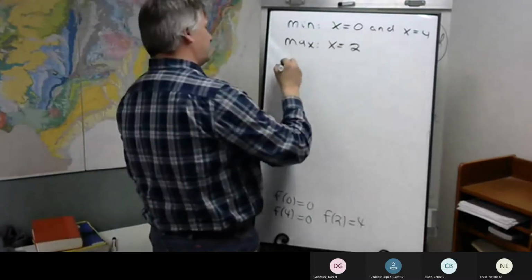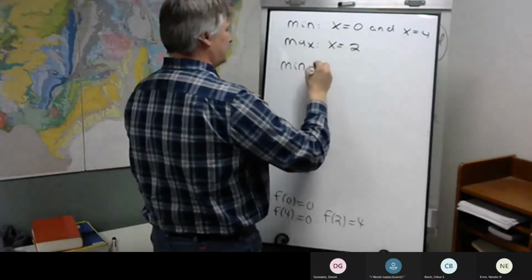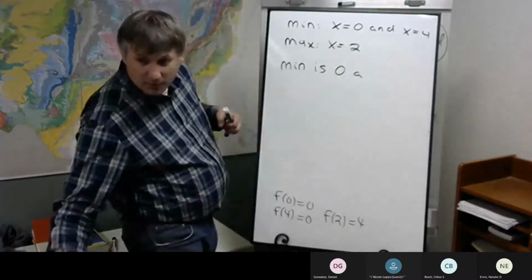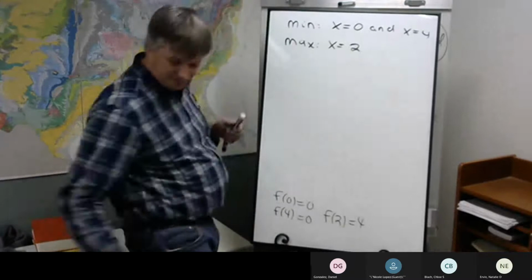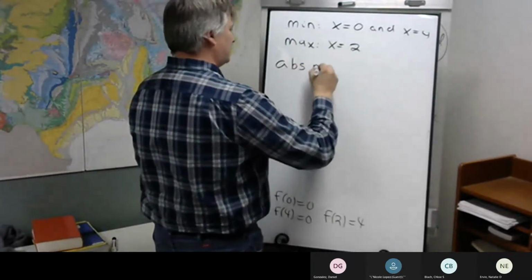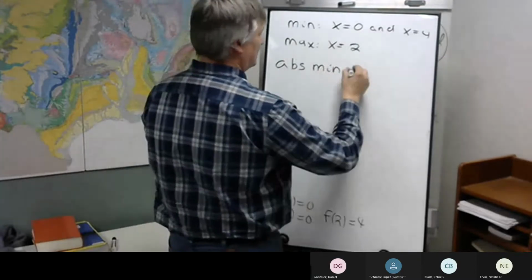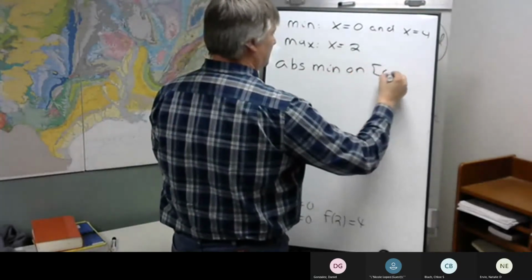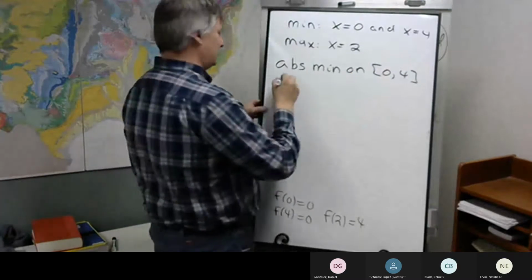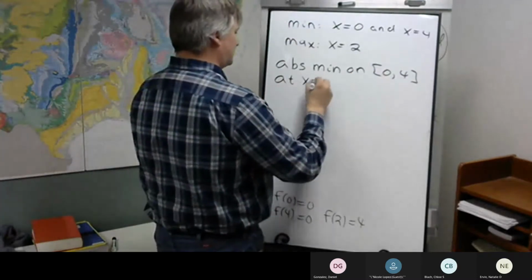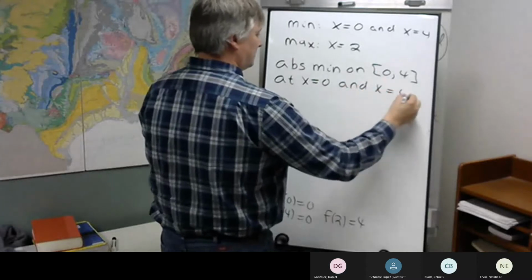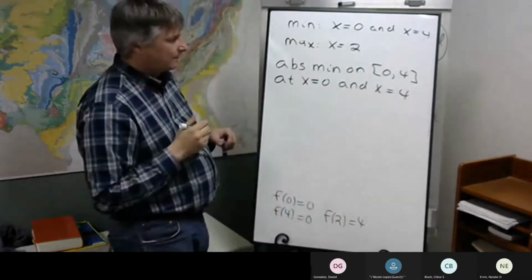So the minimum itself, in fact, let me put this in more appropriate terminology. We have an absolute minimum on [0, 4], and again, closed interval, at x equals 0 and x equals 4.